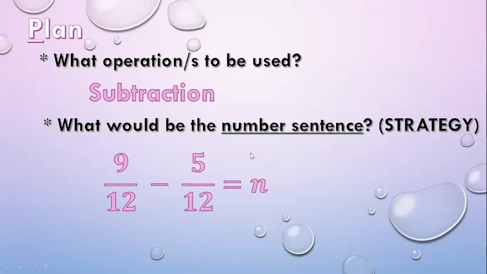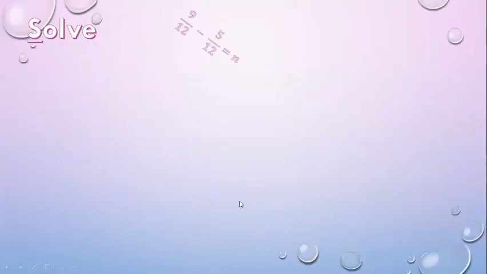Remember, Kira worked 5/12 in the first hour. And after 2 hours, she worked 9/12 of the problems. Then the ask is, what part of the problems did she answer in the second hour? Okay, so let's use this number sentence to solve.